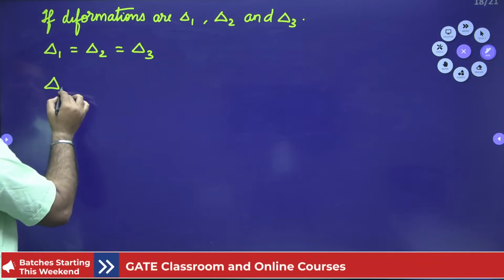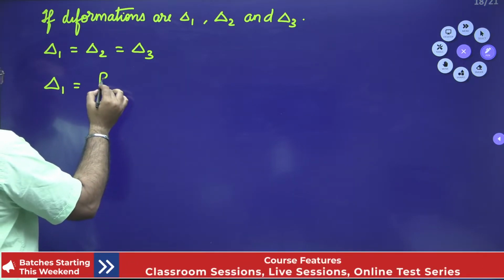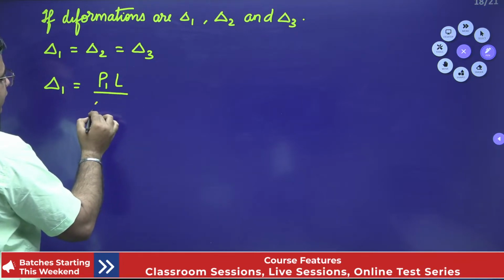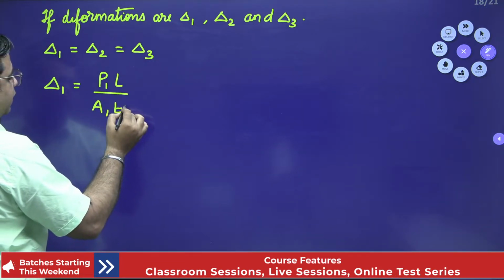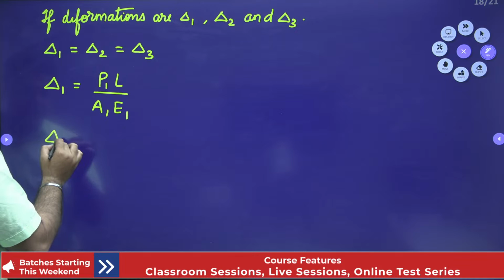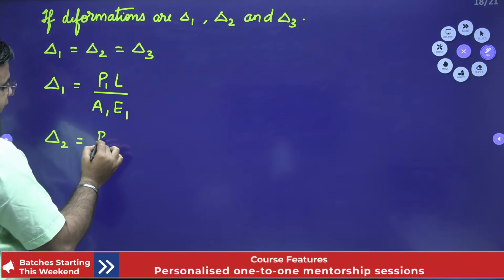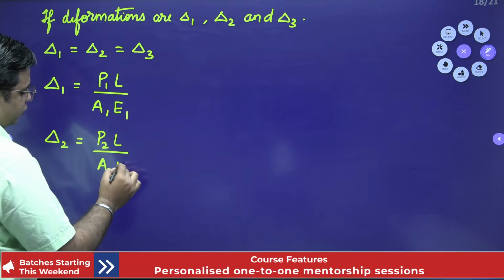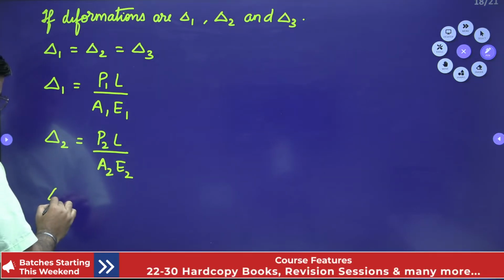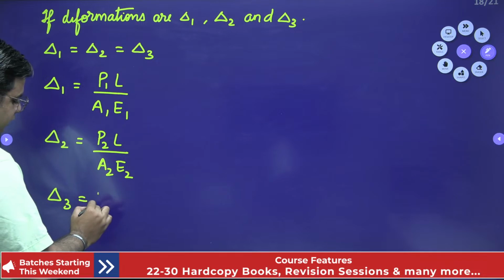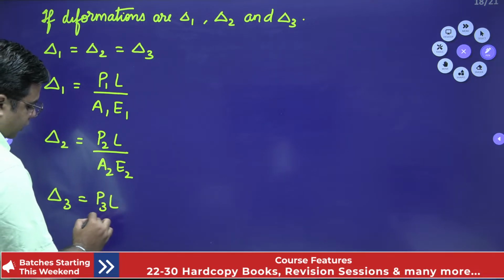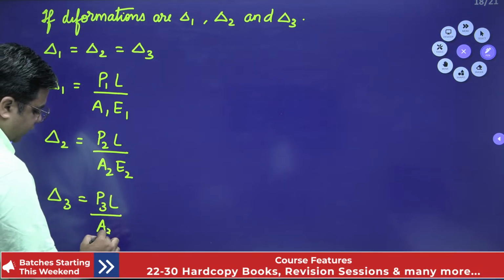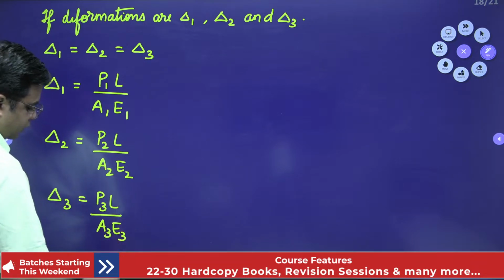So delta 1 can be calculated as P1L upon A1 E1. Delta 2 can be calculated as P2L upon A2 into E2, and delta 3 can be calculated as P3L upon A3 into E3, right?